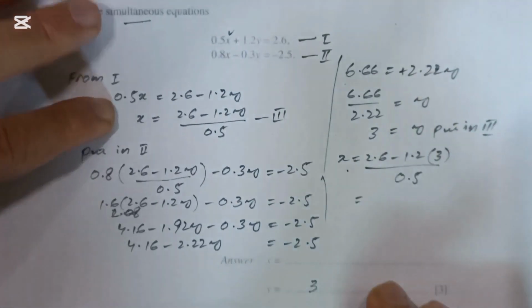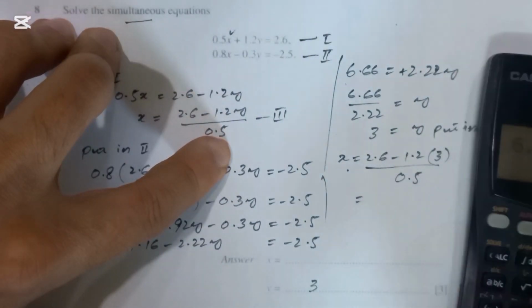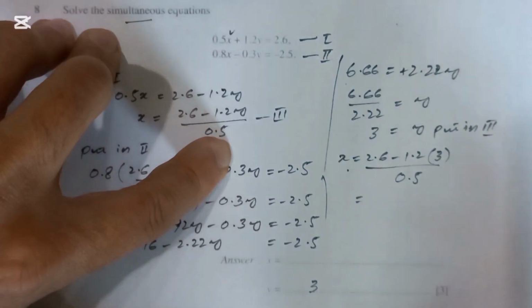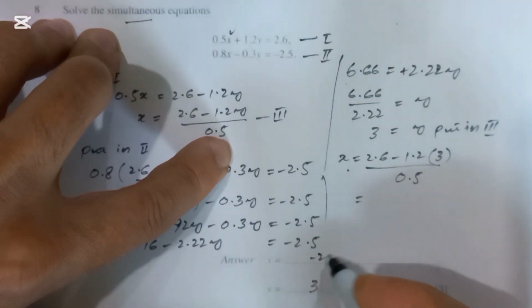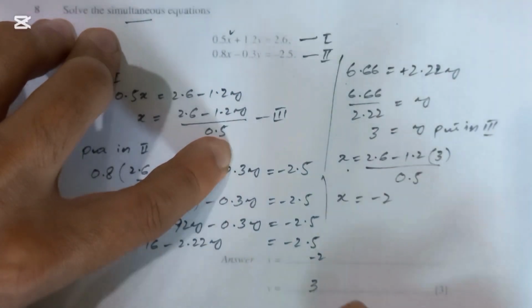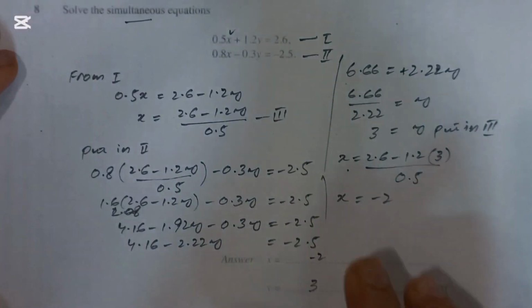Now solve it on the calculator. 2.6 minus 1.2 multiplied by 3, equals, divided by 0.5. It is minus 2. So this is the x answer. So beta, the steps are the same again.